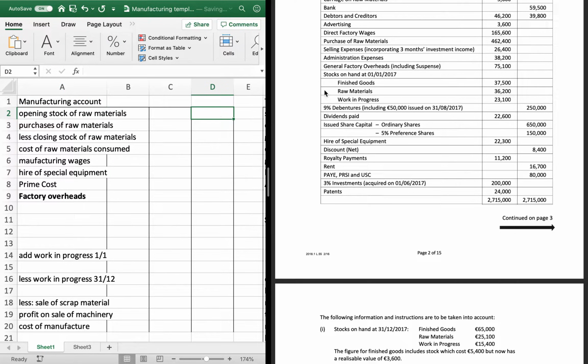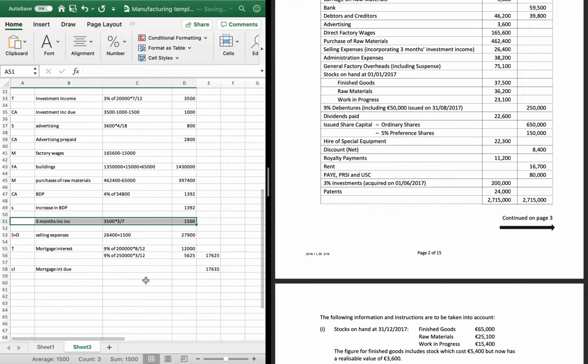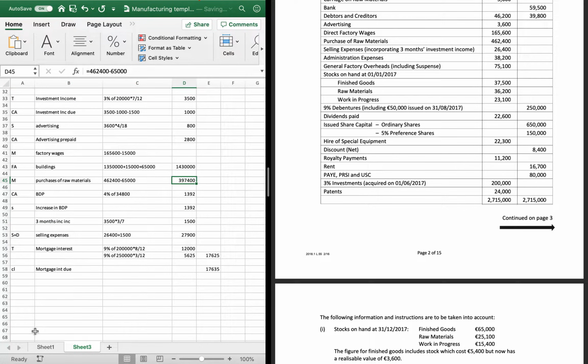So my opening stock of raw materials, 36.2. Okay, so my purchases of raw materials, excuse me, 3974. And you can be ticking these off as you go.